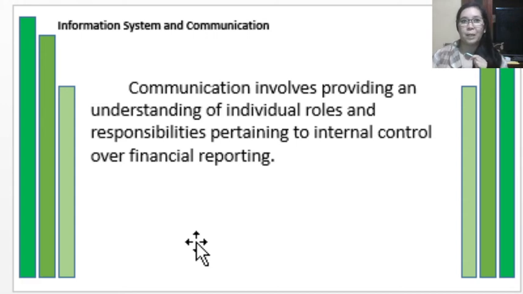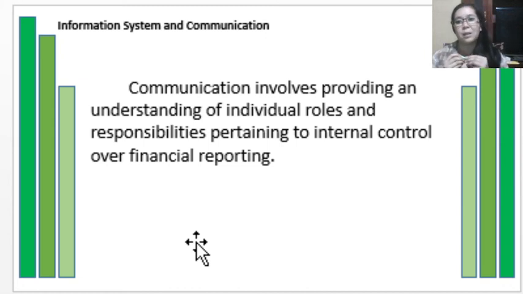This is very important because aside from establishing an effective internal control, for it to actually be effective, everyone should be aware of their role and responsibilities in internal control. For financial reporting, those who are in charge of recording should know what their responsibilities are, the extent of their authorization, and the standards that they should follow.